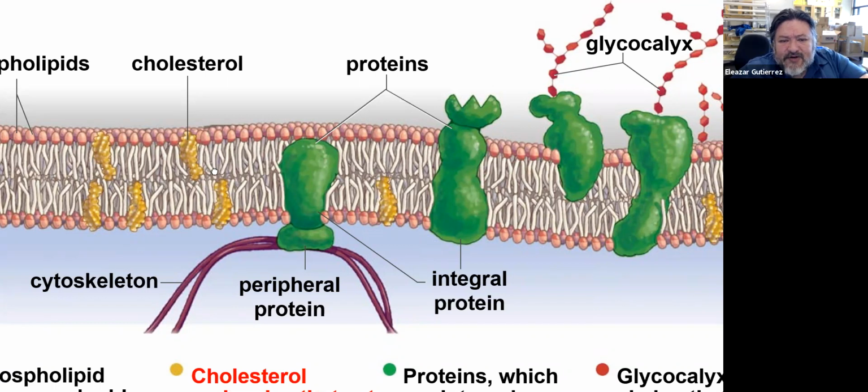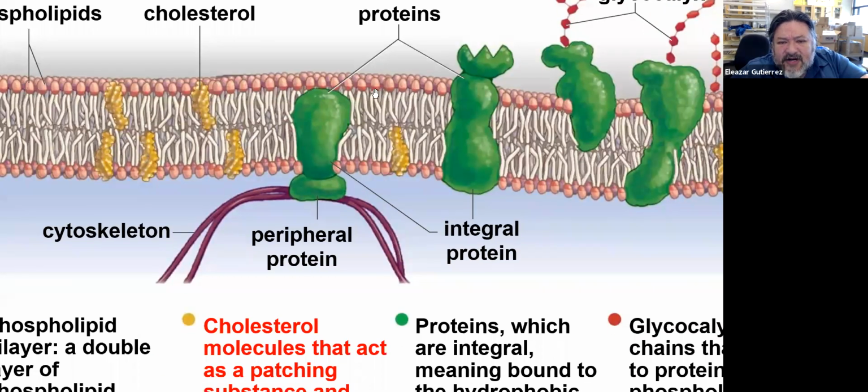If we have a hydrophobic environment here, which is all these tails, then a protein embedded in here has to be hydrophobic. And it gets very elegant, and we're going to hit that in just a second. In order for this protein to be happy with these lipids, all the amino acids that make the exterior of this integral protein are hydrophobic.